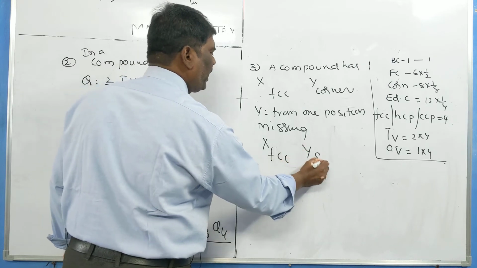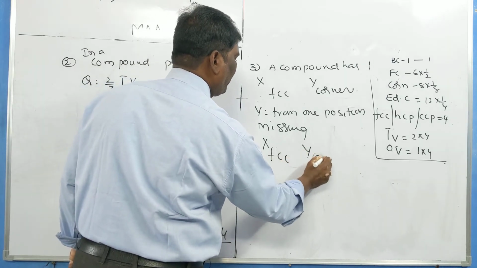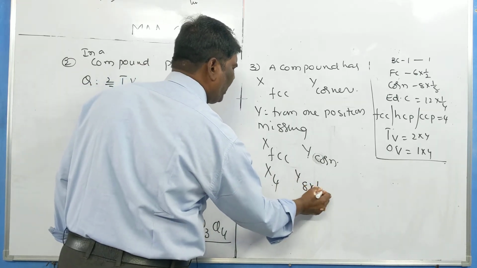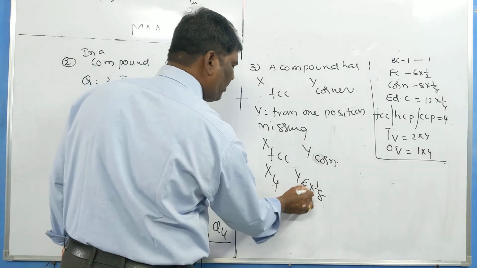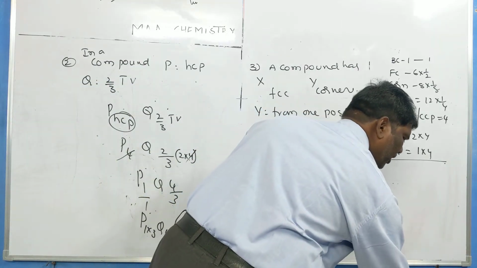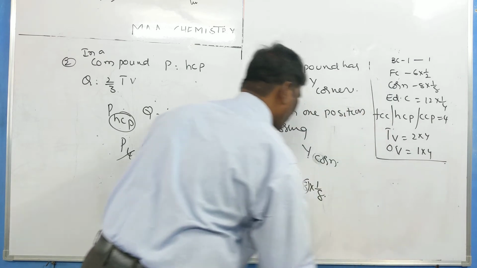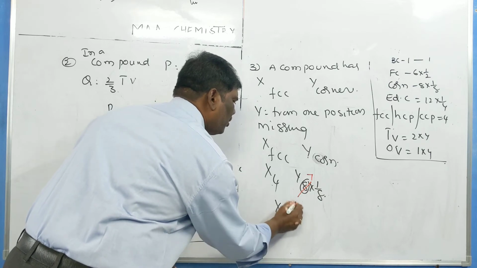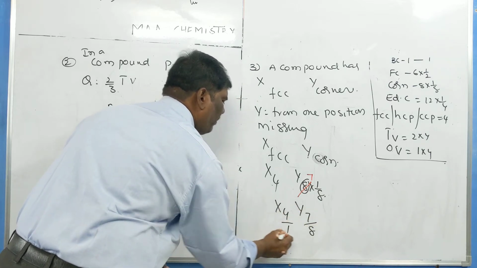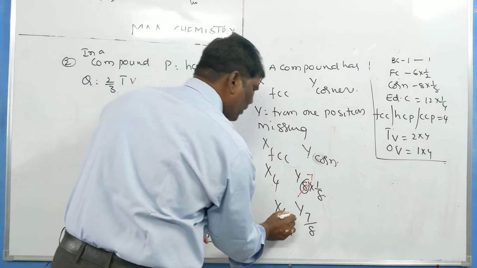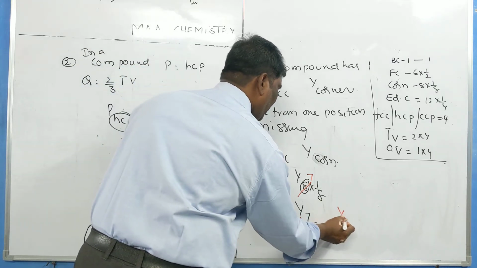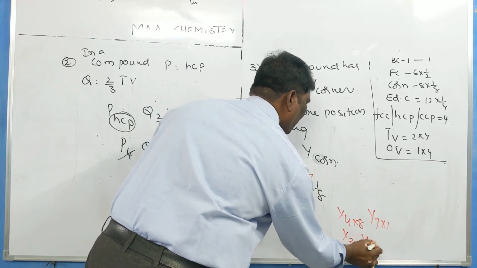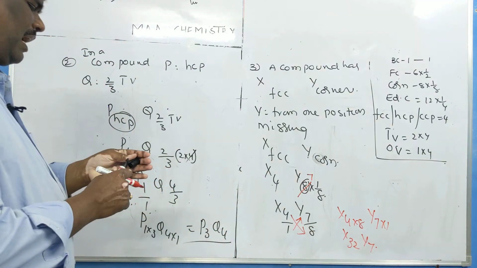FCC means 4, corner means 8 into 1/8, but they told Y is missing from one position. For missing of one position we don't take 8, we take only 7. The formula becomes X4 Y7/8. Now make cross multiplication. On cross multiplication we get X4 into 8 and Y 7 into 1. X32 Y7. Thus the formula is calculated.